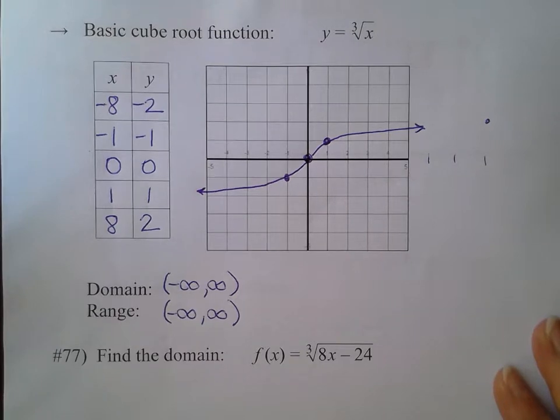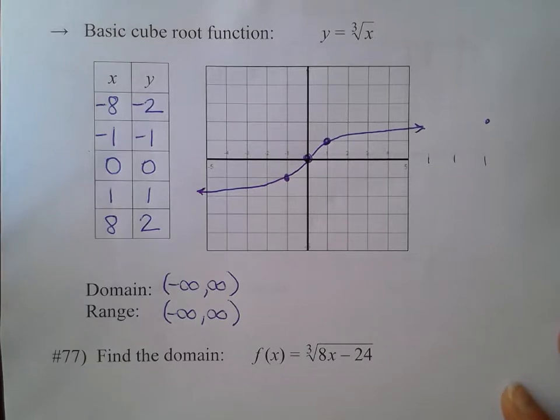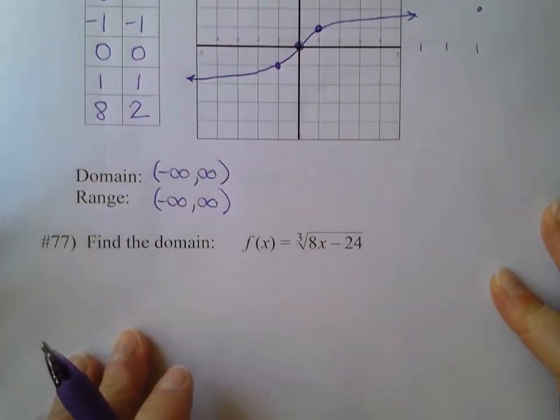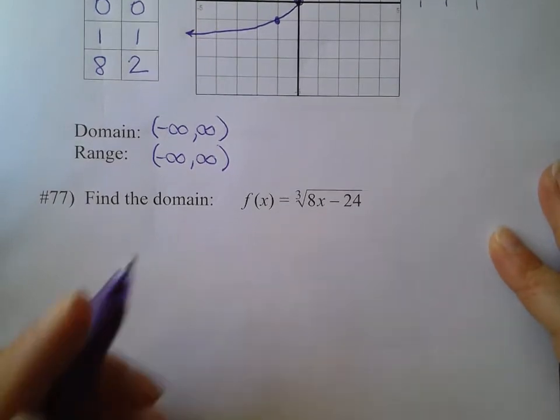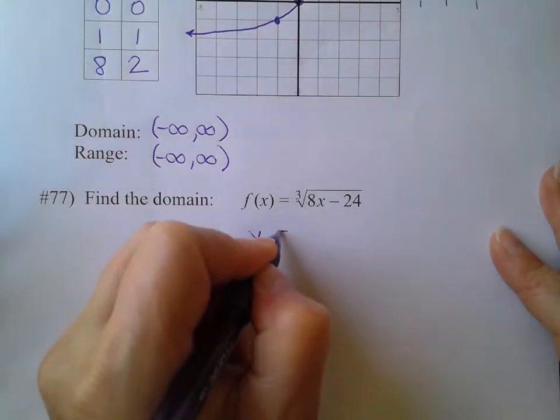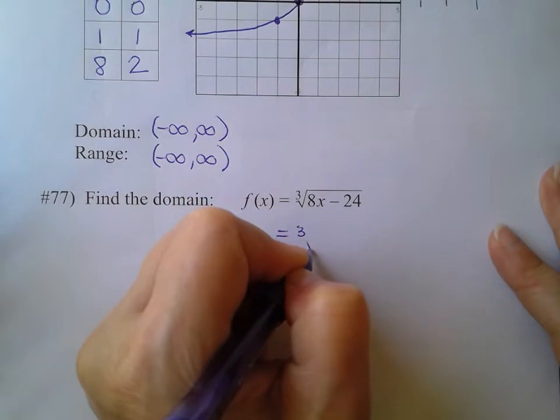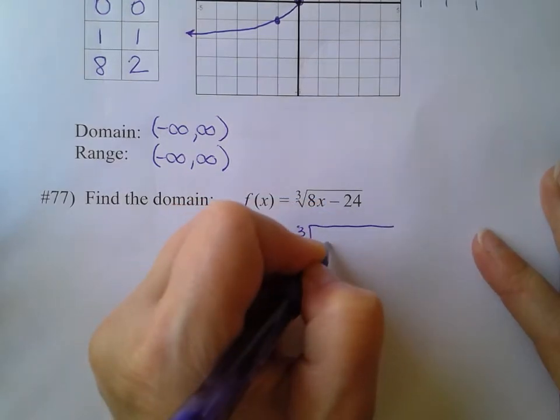Okay, so let's take an example from your book and do the same thing where we talk about the domain. I also thought we could talk about what this function would look like based on transformations that we've been working with. So we could rewrite this function and factor out the 8 on the inside.